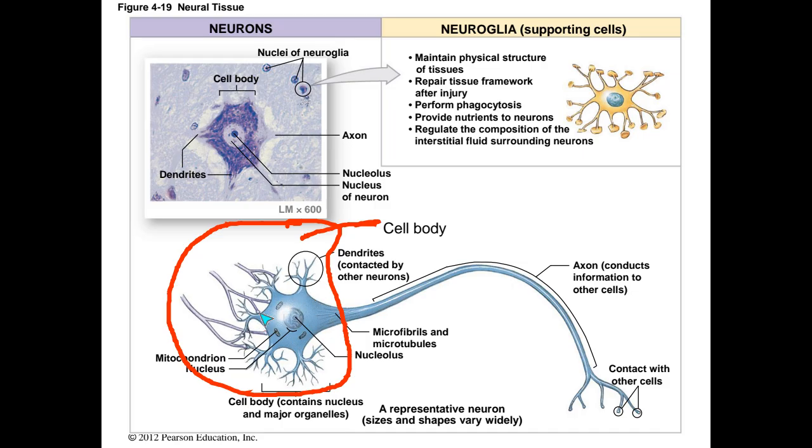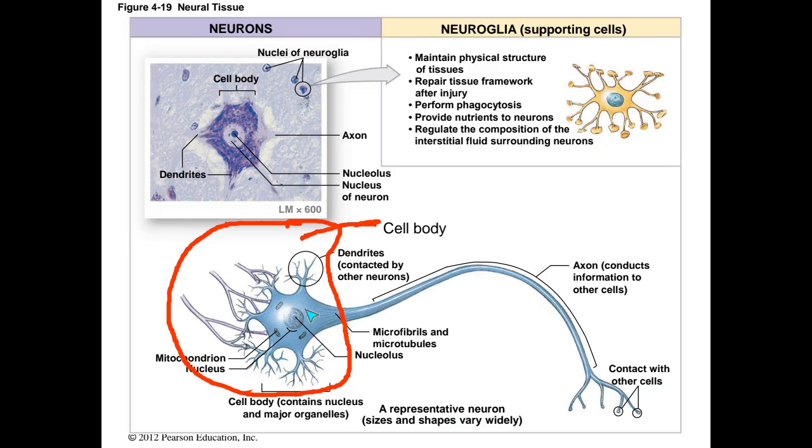We'll talk about other structures such as Nissl bodies. Nissl bodies are structures that recycle neurotransmitters. So those are also found in here. We'll talk about those in a lot more detail in chapter 12 when we focus on nervous tissue for the entire chapter.